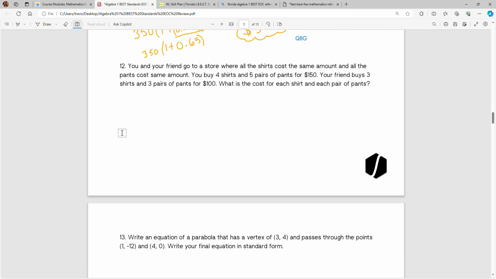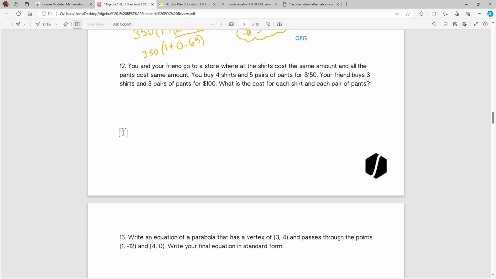And then last question on this page is number 12. You and your friend go to a store where all the shirts cost the same amount and all the pants cost the same amount. You buy 4 shirts and 5 pairs of pants for $150. Your friend buys 3 shirts and 3 pairs of pants for $100.